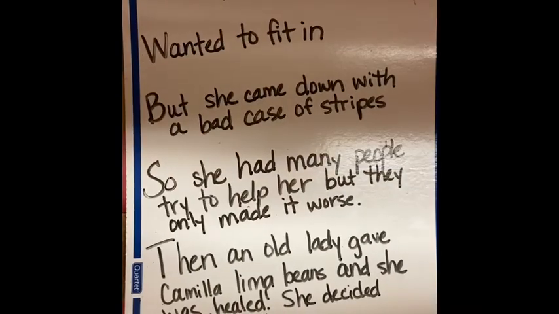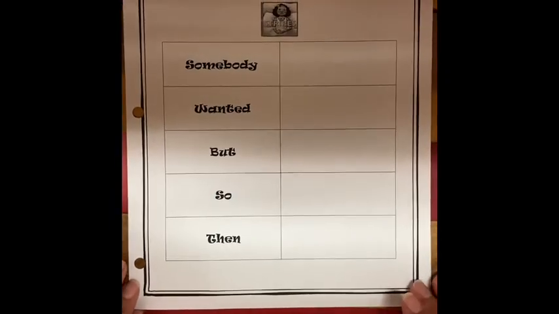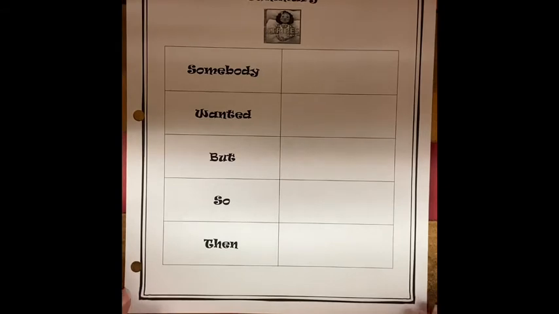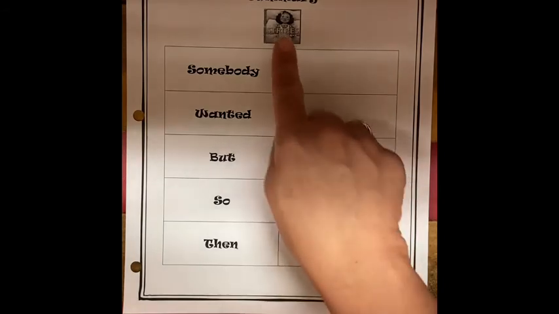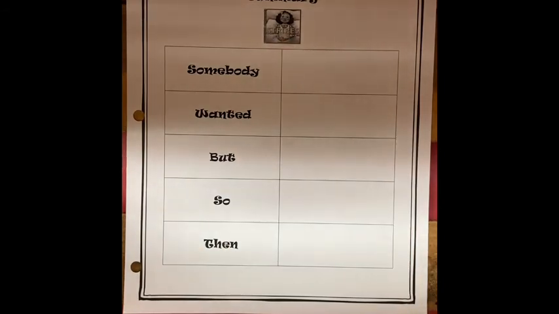All right, so now you've seen mine. Here's my copy. So now your job, you're going to fill one of these out on your own. I've typed this up, and it has the title of the story, A Bad Case of Stripes, and it tells what skill we're working on. That's our learning target: I can write a summary. It shows a little picture of the cover of the book.